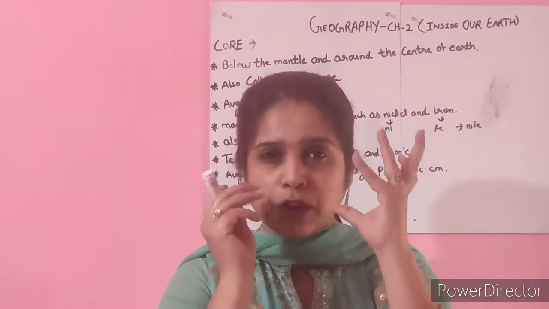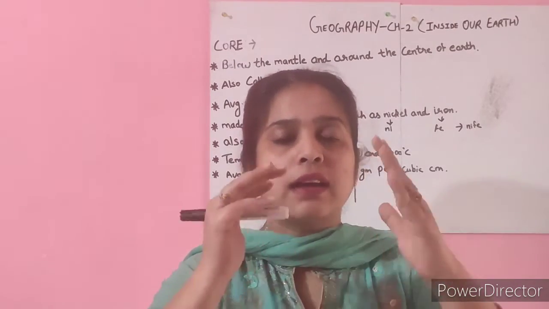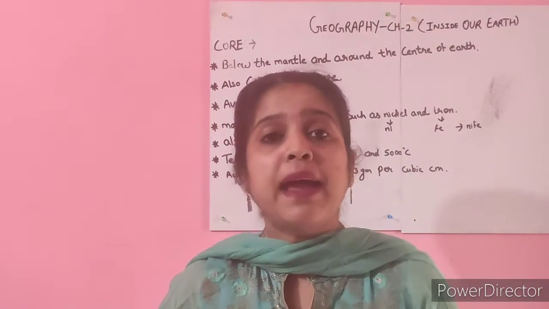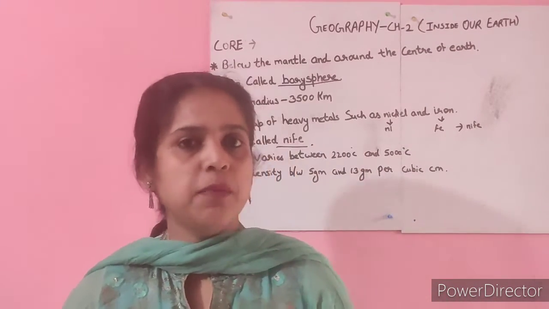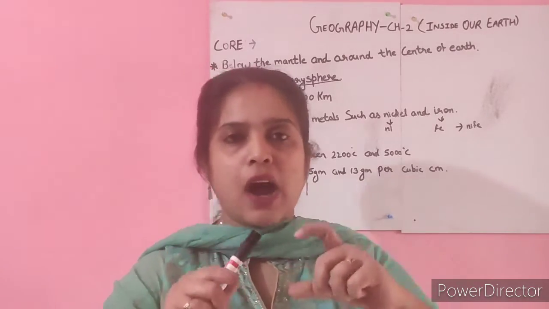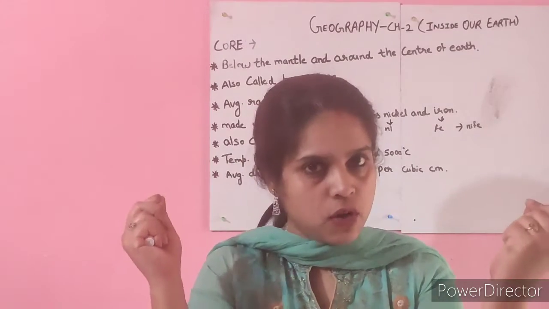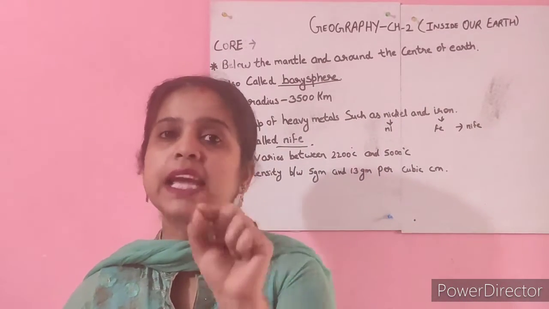Now, to explain in a better way, if you get confused about crust, mantle and core, compare it with a boiled egg. You all have seen a boiled egg, right? When we boil that egg, the layer which we peel off is called the crust, which is the thin layer.